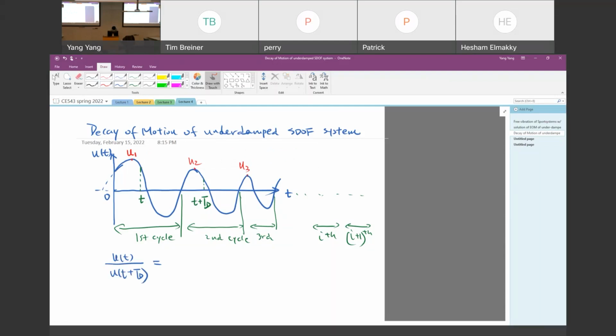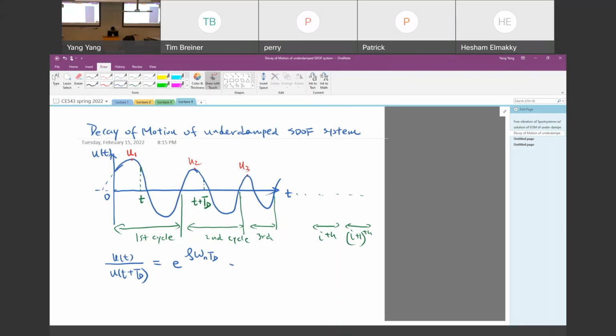That's equal to, so that means that the ratio between the displacement at time t and the displacement at time t plus Td after one cycle is equal to e to the power of beta times omega n times Td.